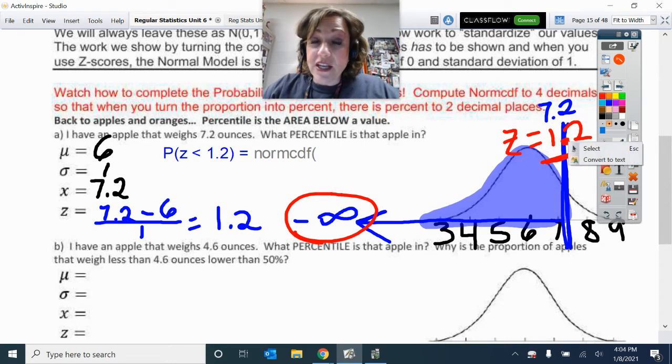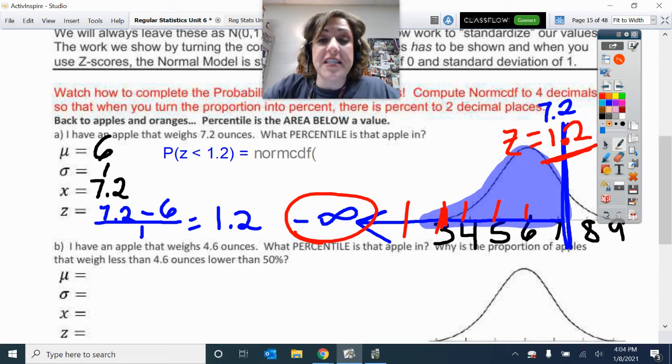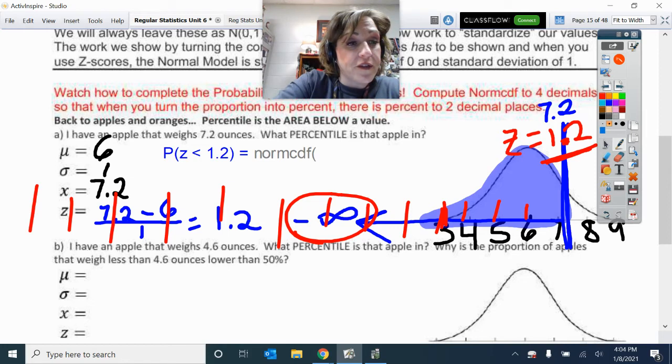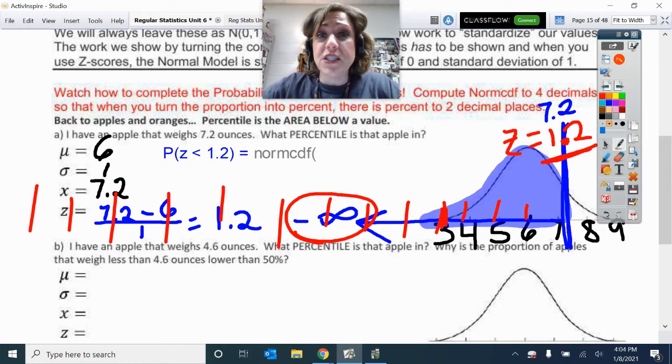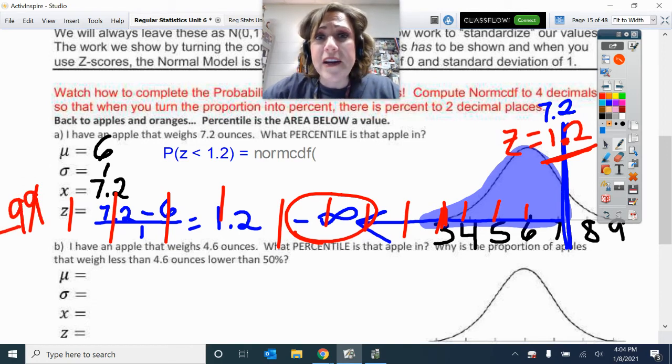Well, the calculator doesn't have infinity. So let's think about this. How many standard deviations is most data contained within? Well, 3 standard deviations down is pretty far. If I was to go 4 standard deviations down, 5, 6, 7, 8, 9, 10, 11, 12, 13, and so on. If I was to go 99 standard deviations down, where is that?